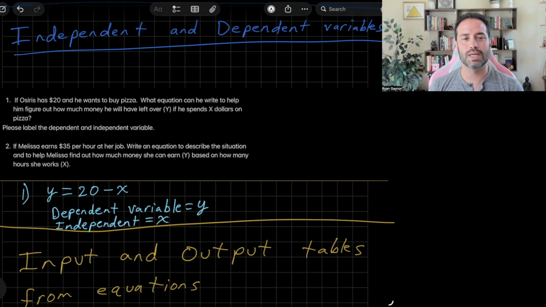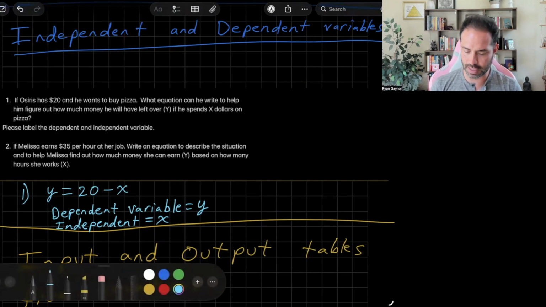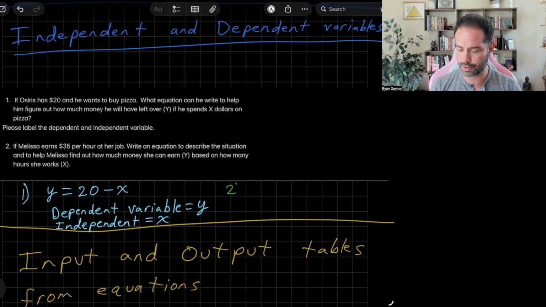All right, let's try another example. If Melissa earns $35 per hour at her job, write an equation to describe the situation and to help Melissa find out how much money she can earn, y, based on how many hours she works, x. Again, let's tackle the equation first.